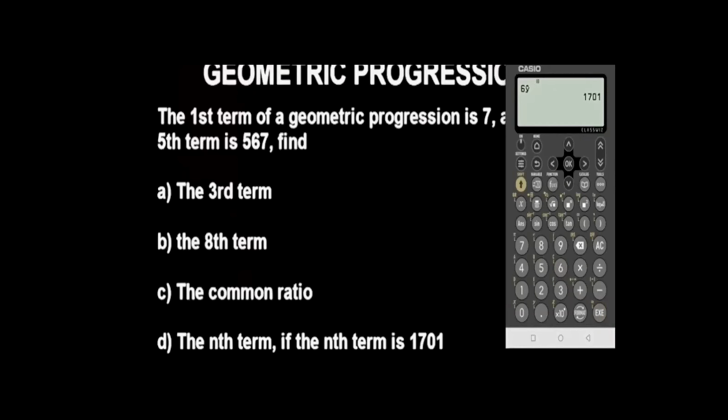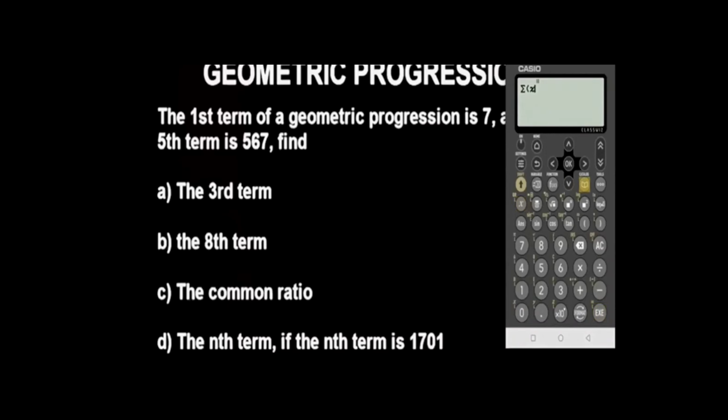Lastly, if you have to find the sum of the first, let me say this question has to find the sum of the first 50 terms, you go for the catalog button and locate the summation symbol. So this is sigma, which stands for summation. Press execute. So sigma x, press this button for x.